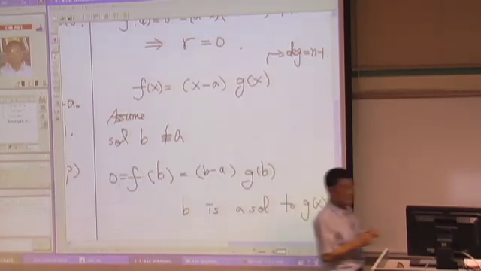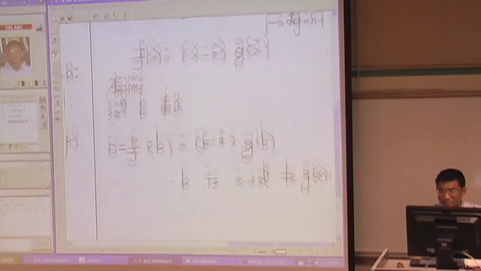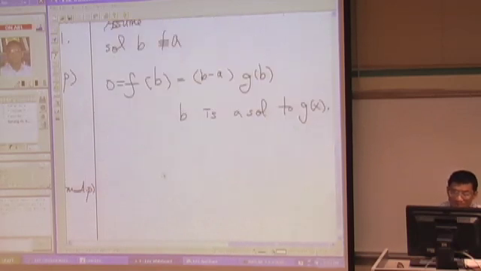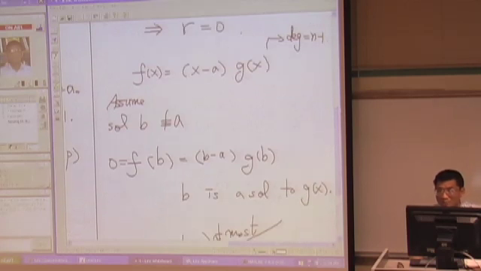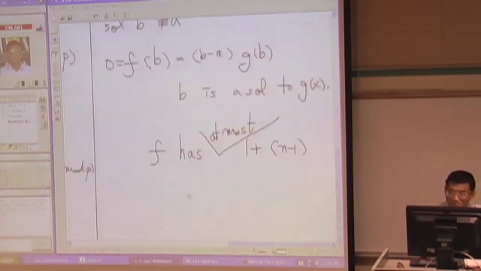Because of this reason, by the induction process, F has at most 1 plus n minus 1 solutions: 1 coming from this part, and the other n minus 1 coming from the induction part of G. So F has at most n solutions.